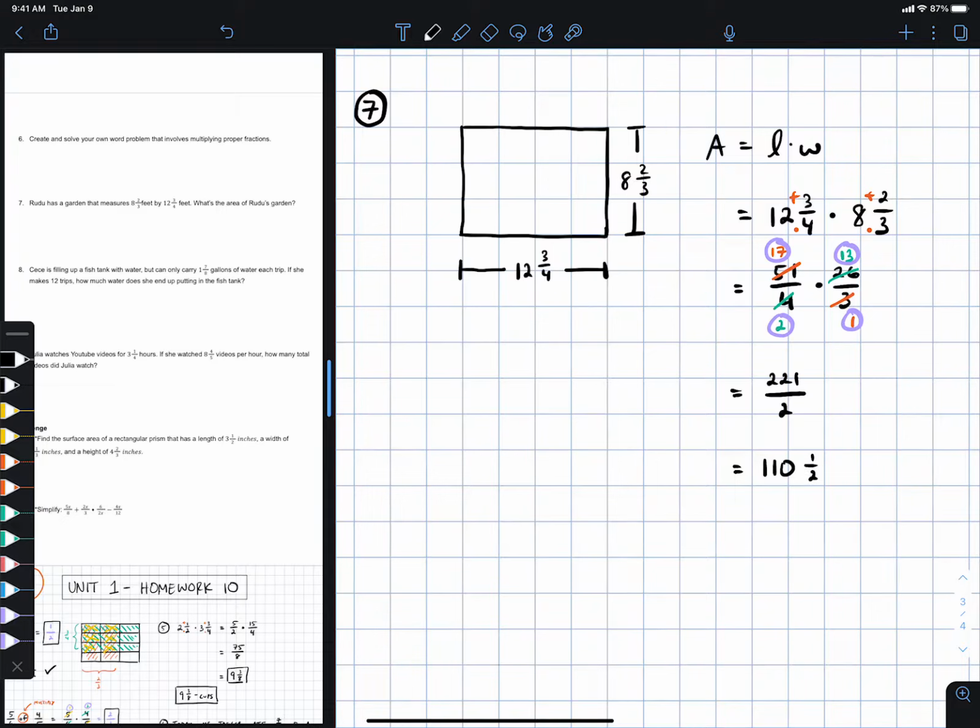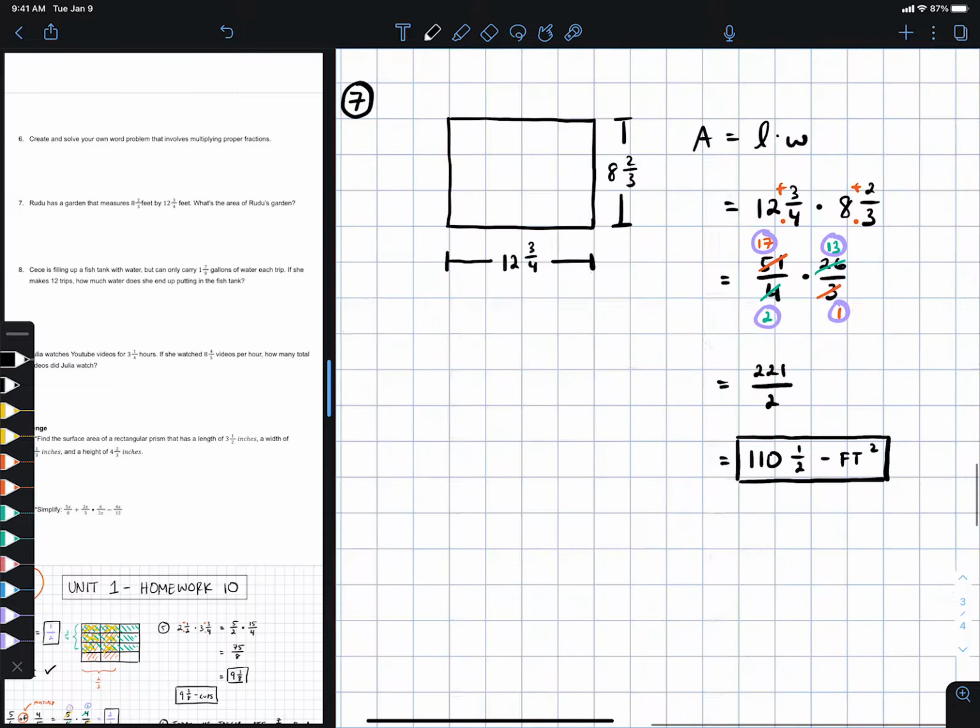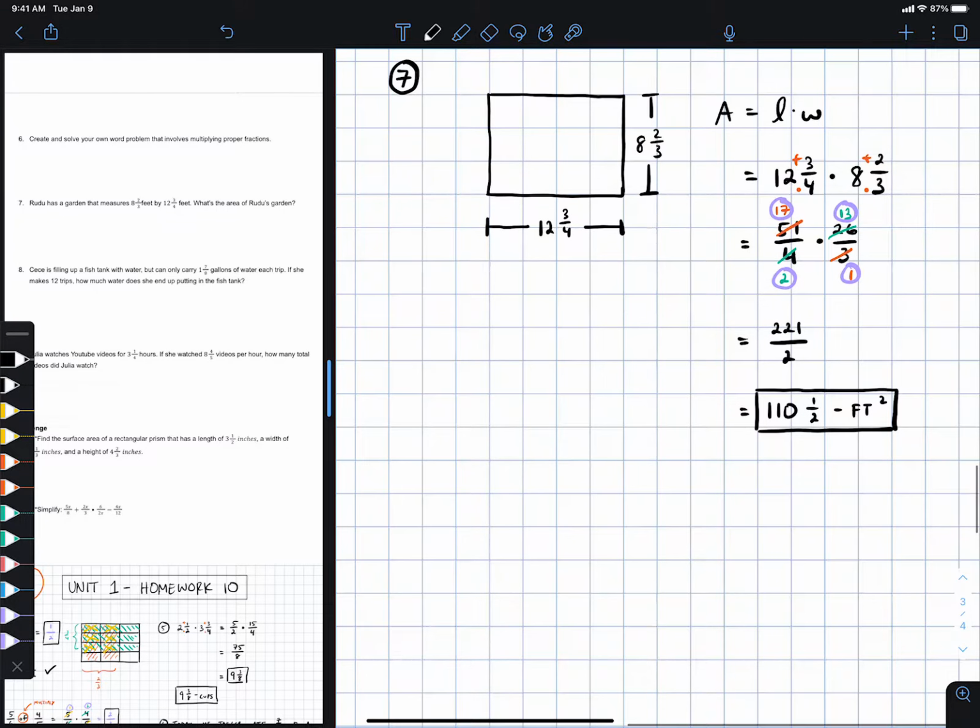And what do we have here? Square feet, feet squared. I think that would be the area here of Rudy's garden. Okay, 110 and a half feet squared. That's number 7. Let's go on to number 8.